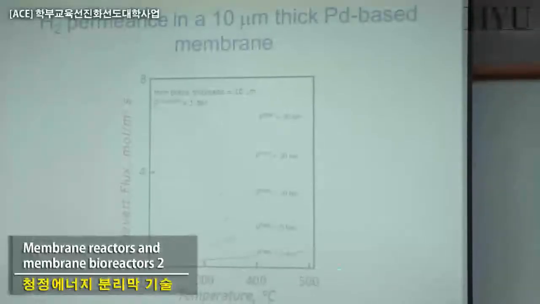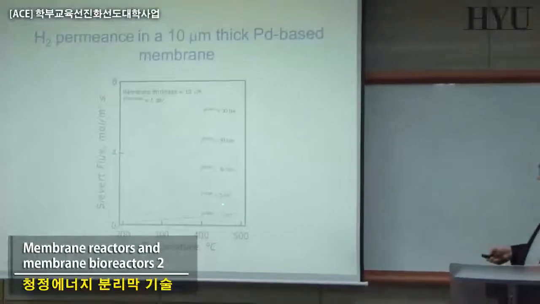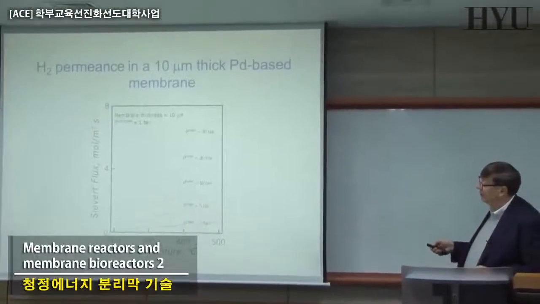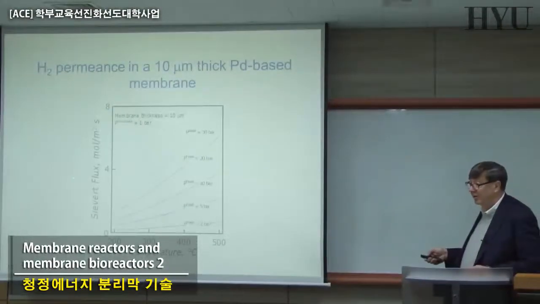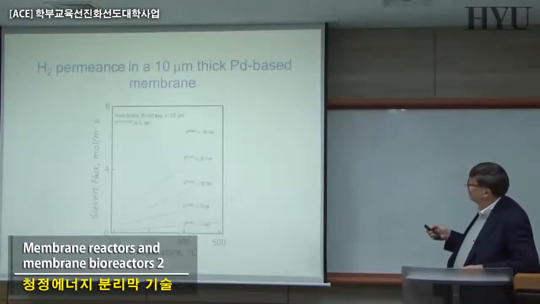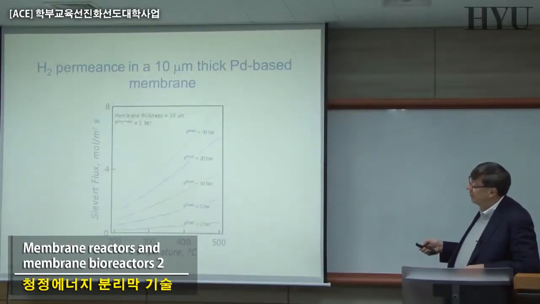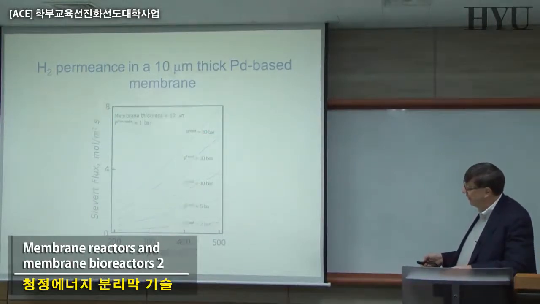Changing the pressure, you can have a significant increase of this Sieverts flux at 10 microns. On the permeate side we assume 1 bar, and on the retentate side, 30 bar, 20, 10, 5, 2.